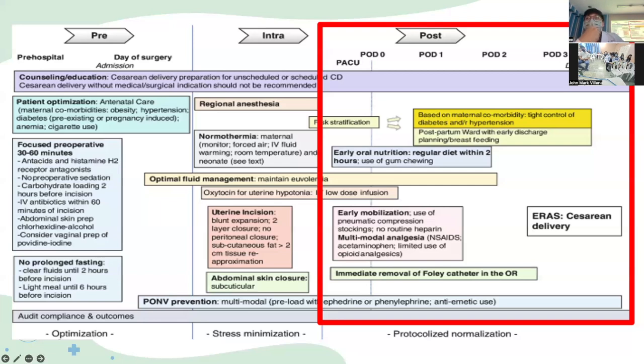General. Aba. Yes po. In general. Wala po silang specified sa guideline. Dito sa guidelines po na to.